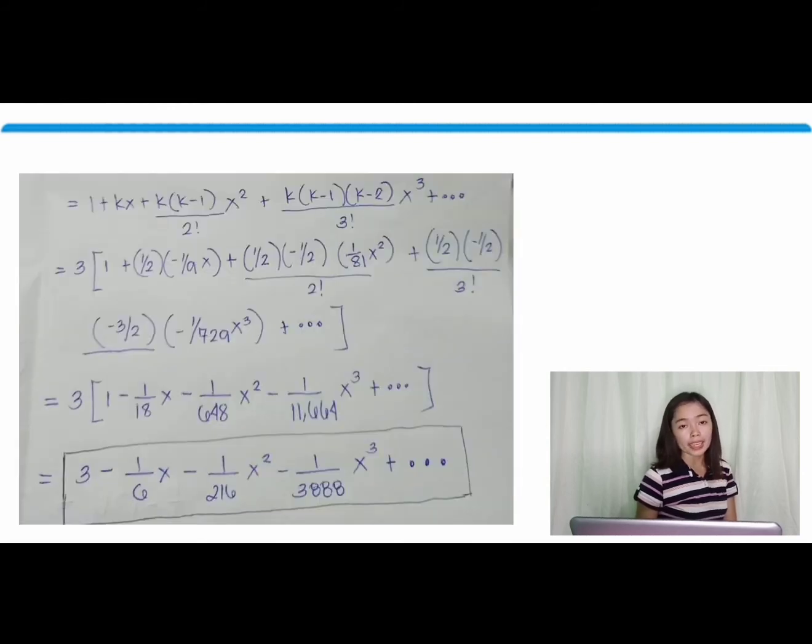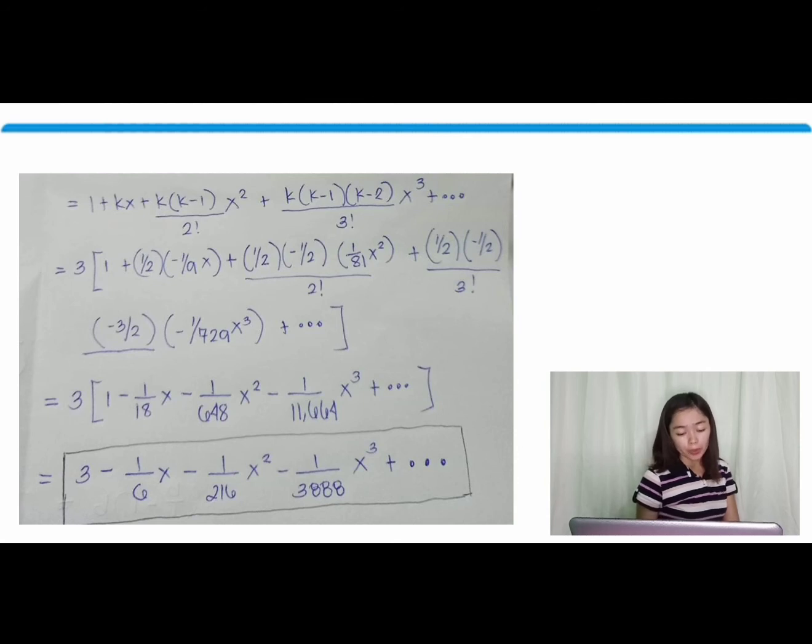So using the formula 1 + kx + k(k - 1)/2! x^2 + k(k - 1)(k - 2)/3! x^3 + dot dot dot, we now have 3 multiplied by 1 plus the value of our k, 1/2, our x, negative 1/9 x, plus 1/2 times (1/2 - 1) over 2!, our x being (-1/9 x)^2, plus 1/2 times (1/2 - 1) multiplied again by (1/2 - 2) over 3!, our x being (-1/9 x)^3, plus and so on.